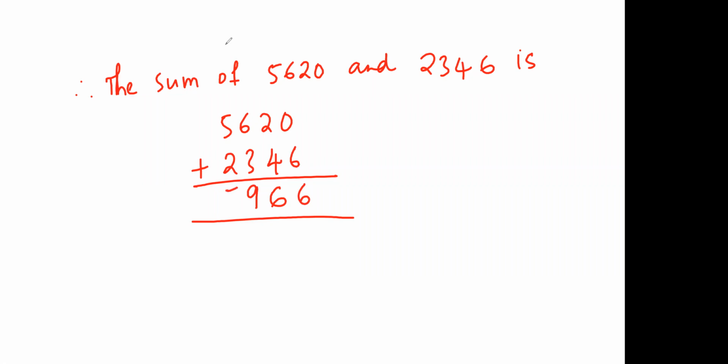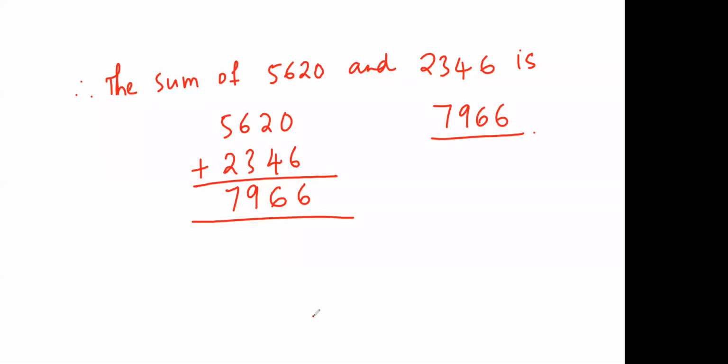So the answer is 7966. The sum of 5620 and 2346 is 7966.